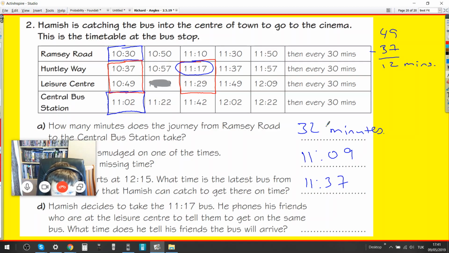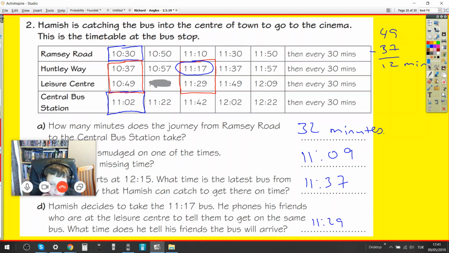So it must have been 11:09. He is telling them to get the bus from the leisure centre. So when will this bus reach the leisure centre? 11:29. Yeah, and so that's the bus they have to take from the leisure centre. Okay. That's how that works. Any questions there? Nope, I don't have any.